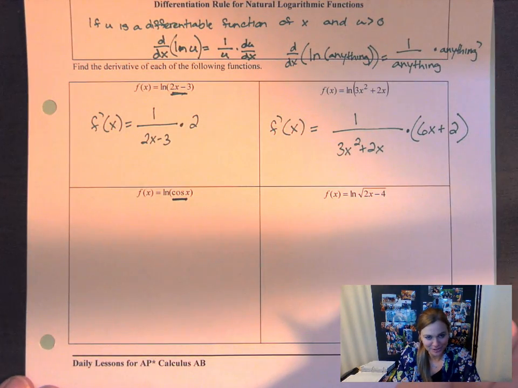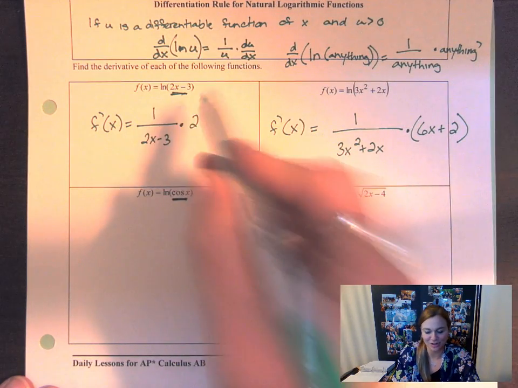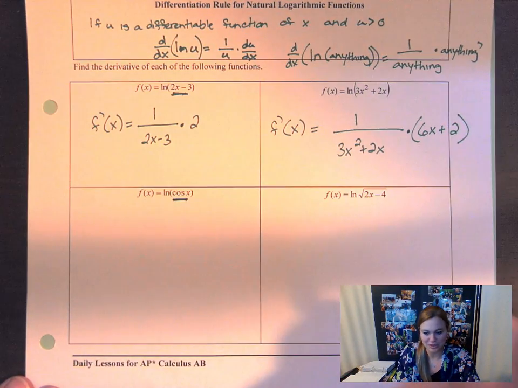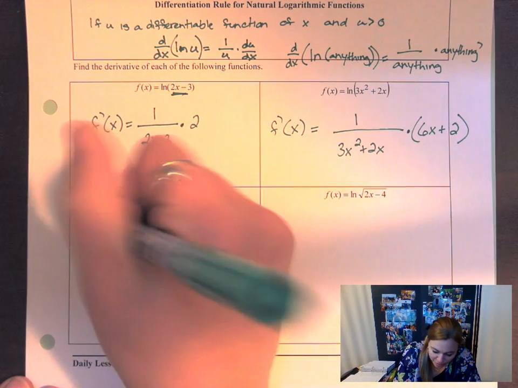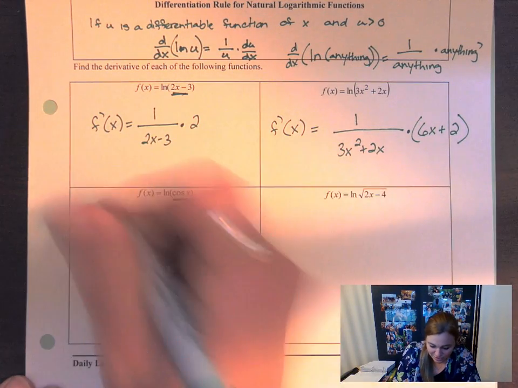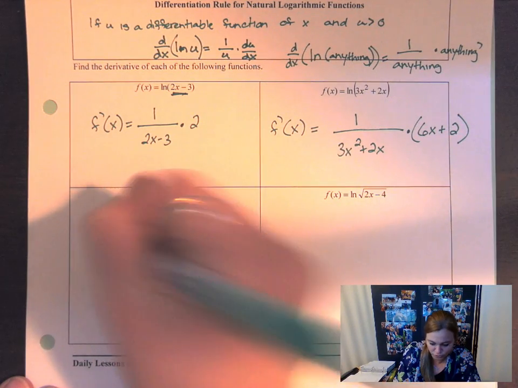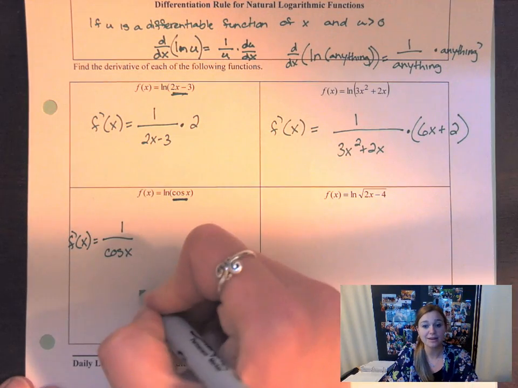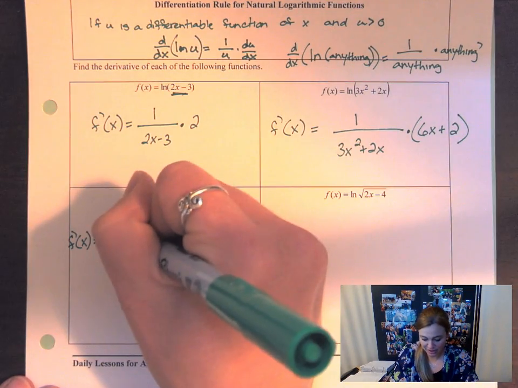It looks like there's a function within a function, but really all of these are, because all of these would be natural log of x. So I could be saying wow on all of these, but cosine seems particularly fun. I would have 1 over the anything, so 1 over cosine. Labeled this. 1 over the anything times the derivative of the anything.